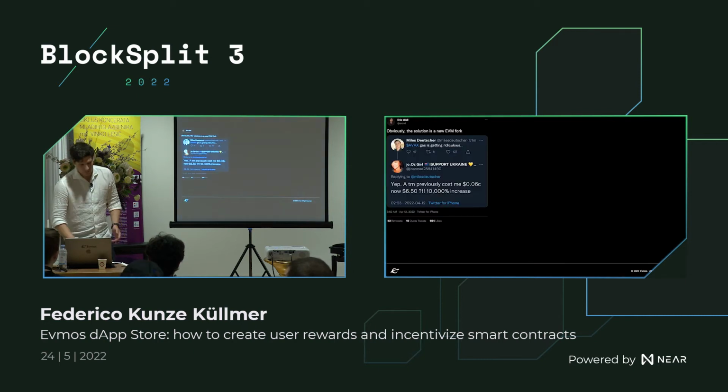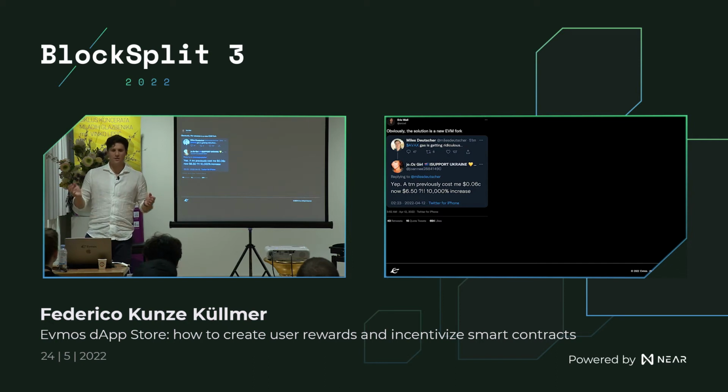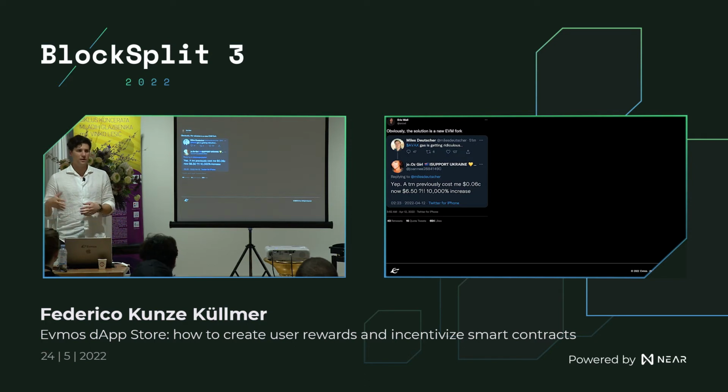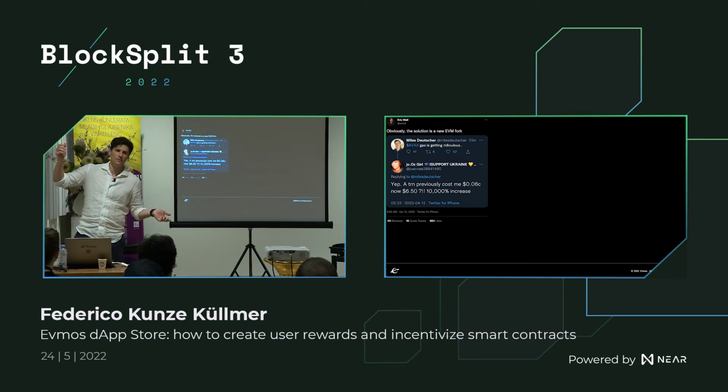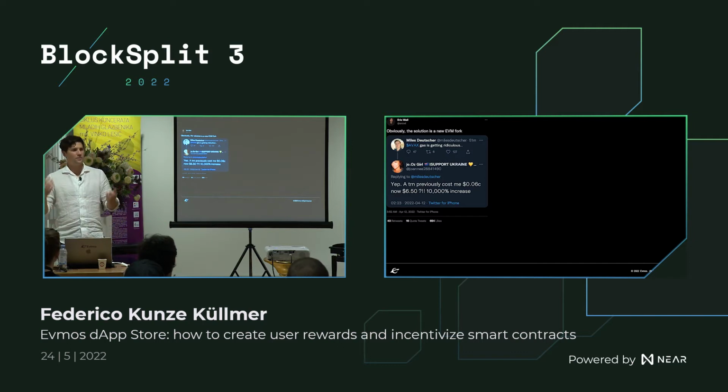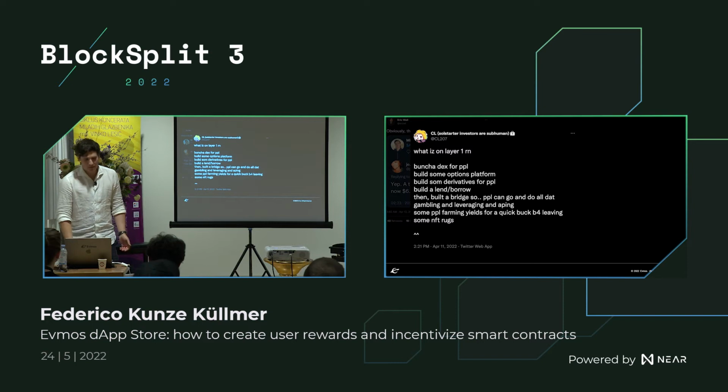The main problem here is that whenever there's a sudden gas price spike in one of these L1s that are also EVM compatible, the next thing is, oh, I'm going to create another EVM that is going to have way cheaper gas, and then the next thing is deploying a bunch of applications and base layer infrastructure so that you can support the base applications.